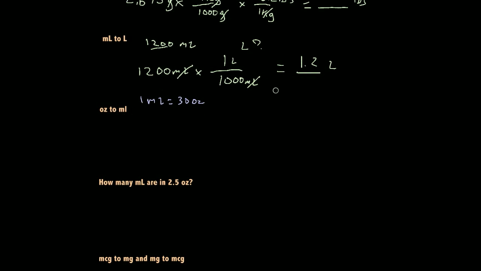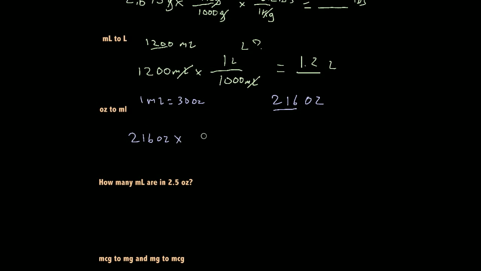So let's say that I've got 216 ounces, and I want to know how many milliliters that is. Well, I'm going to start with my given, which is 216 ounces.